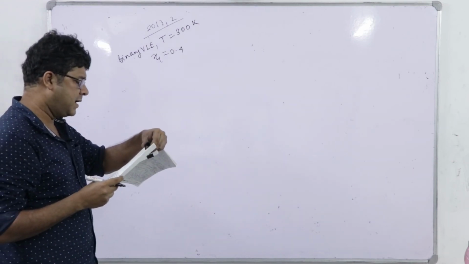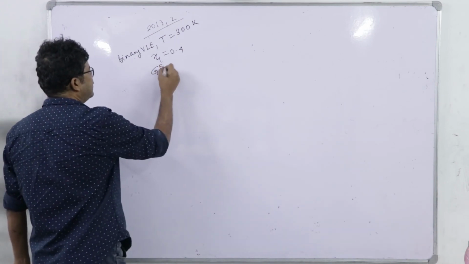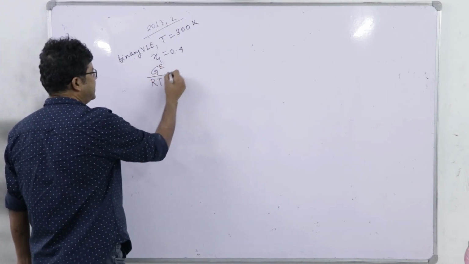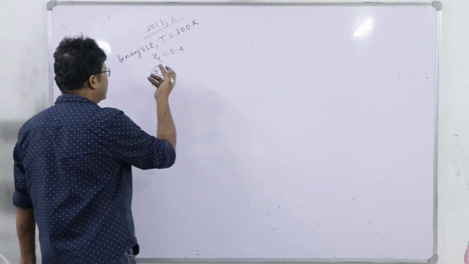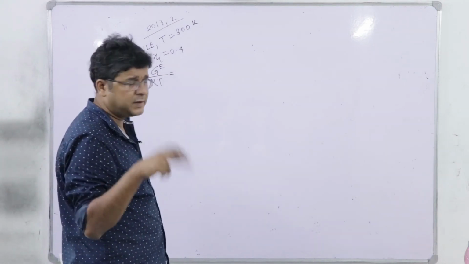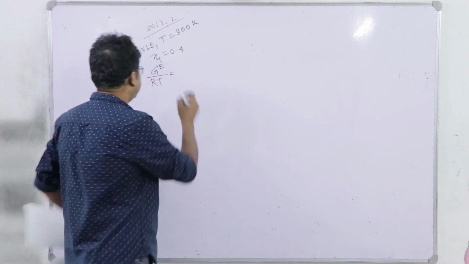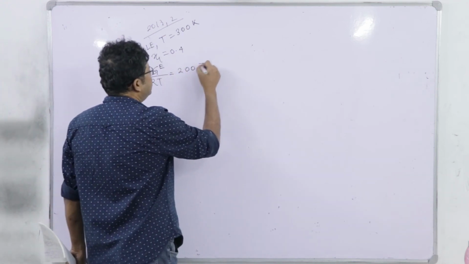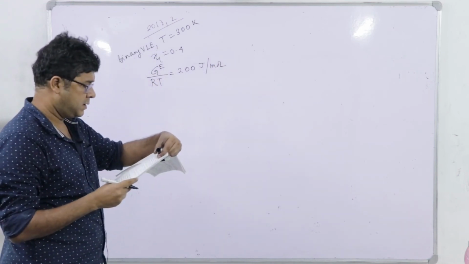The molar excess Gibbs free energy, we use the notation capital G, and for the solution it is N into G. So, it is all the same, but in one of the problems in 2016 we have seen that they are using small g. So, it is all the same. So capital G by RT is 200 joule per mole, right?